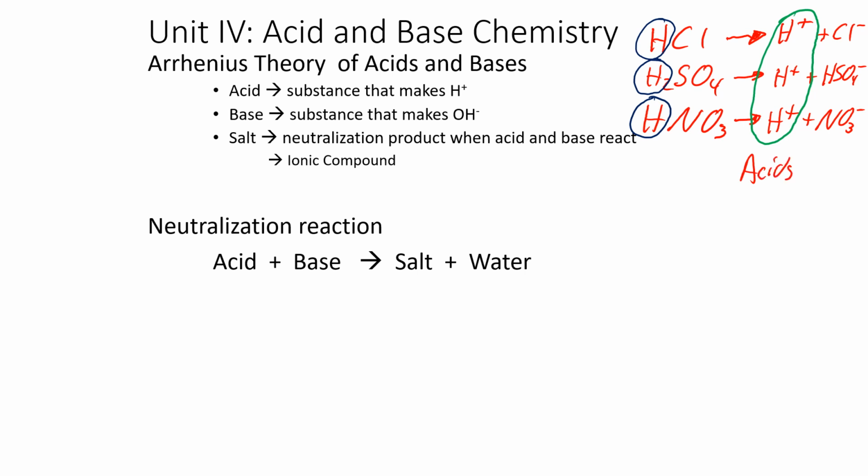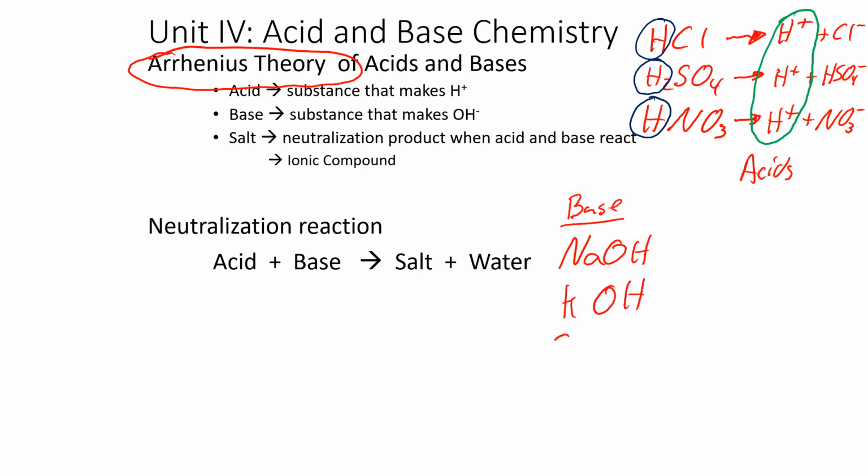Now, a base is something that makes OH minus. It also is something that contains OH minus. Under this definition of what an acid and base is, another example of a base would be something like NaOH, so sodium hydroxide, KOH, calcium hydroxide.